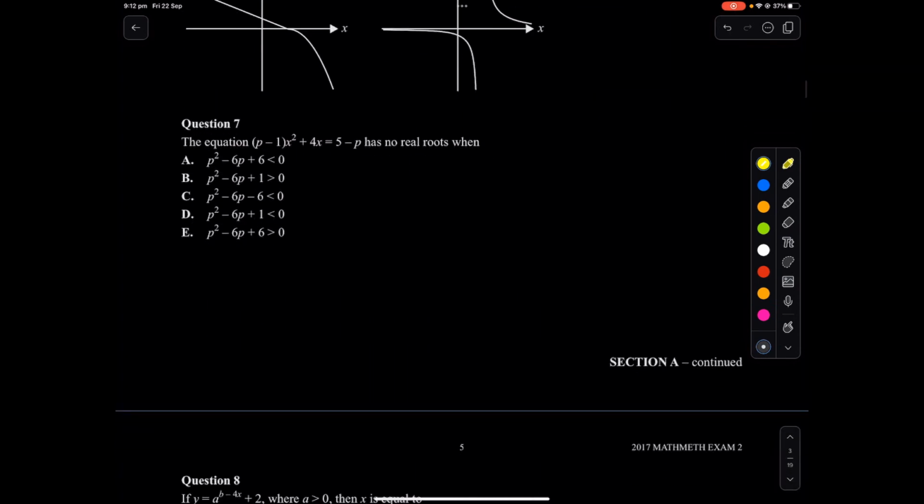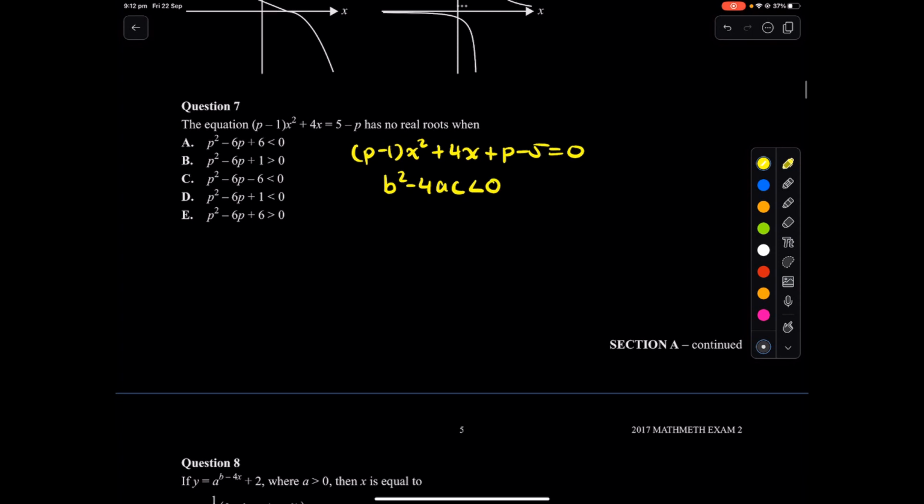The equation has no real roots when. Okay, very nice. So we're just going to use the discriminant over here. We're saying that (p minus 1)x squared plus 4x plus p minus 5 must equal 0. Now we know that b squared minus 4ac, which is the discriminant, must be less than 0 for having no real roots.